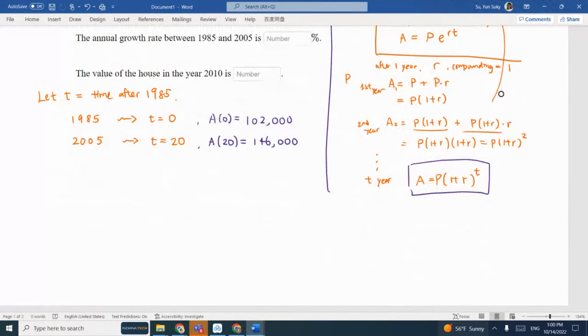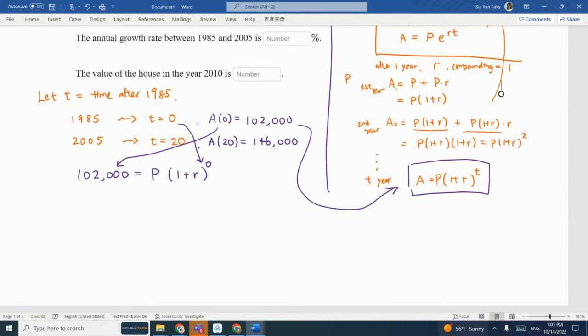Let's plug in t is 0 and A of 0 is 102,000 into this formula. P, we don't know it; we want to find P. Then 1 plus r to the t, and t is 0.